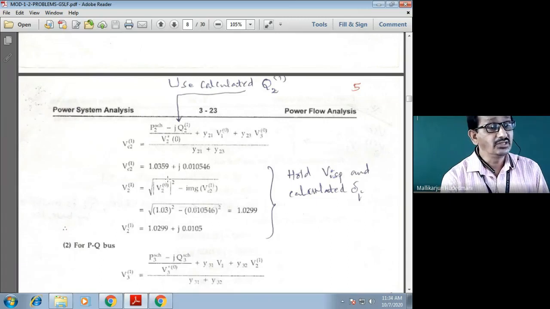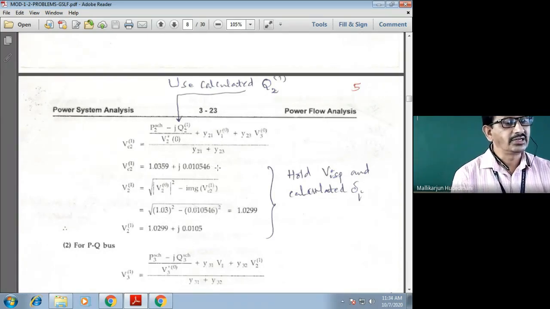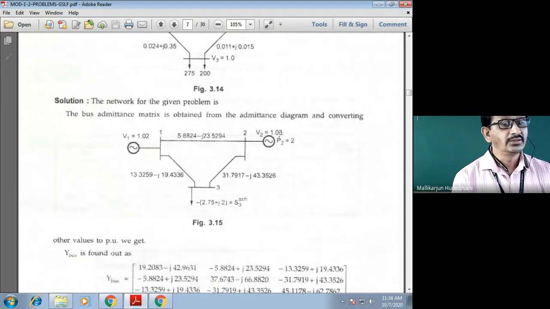Now these extra calculations the author has done, I personally request, stop, don't do them, read my comment. Hold V1 specified and calculated delta 1. Don't do extra calculation. With this rectangular value, simply convert it to polar. Convert it to polar, reject the magnitude, retain the angle. When I reject the magnitude, what should be placed? V1 specified. What is specified in this bus? You can see here, 1.03.